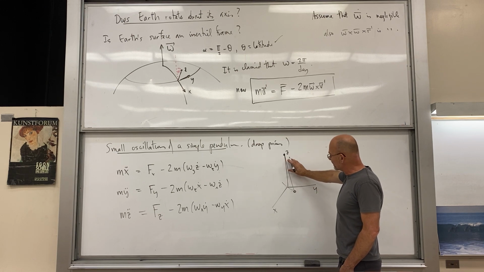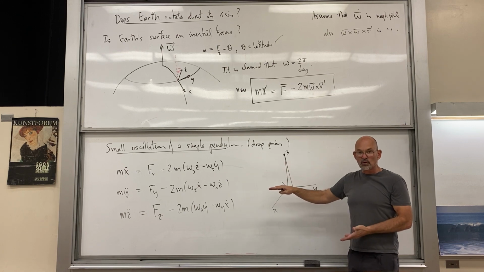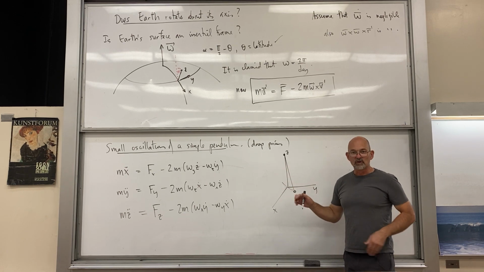Primarily in the xy plane, because for small oscillations the z excursion is quadratic and the x and y excursions are linear.